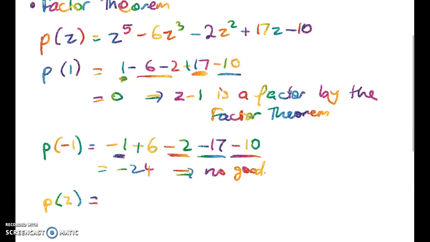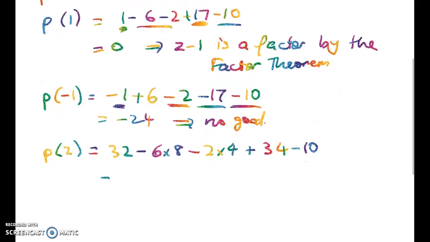So we'll try 2. And we're going to get 32 minus 6 times 8 minus 2 times 4 plus 17 twos, 34, take away 10. Right, what have I got? Well, I've got 66 minus 48 here, minus 18.